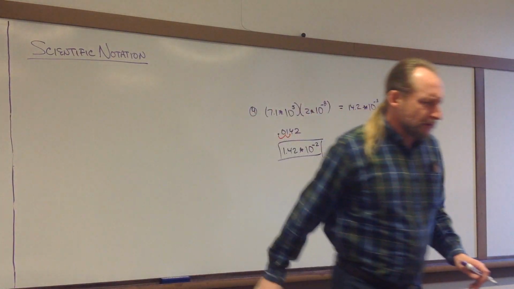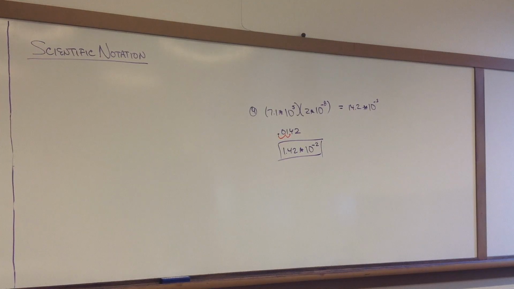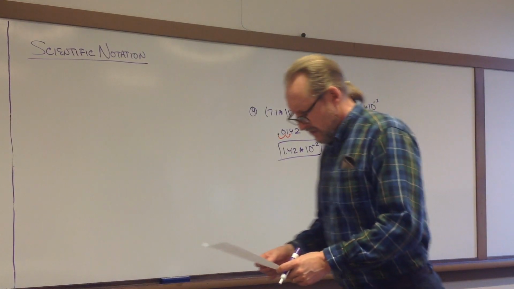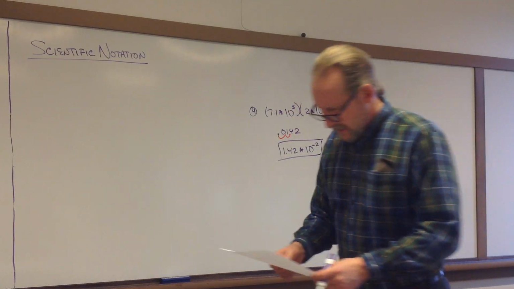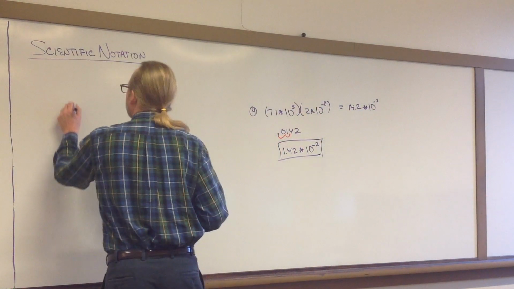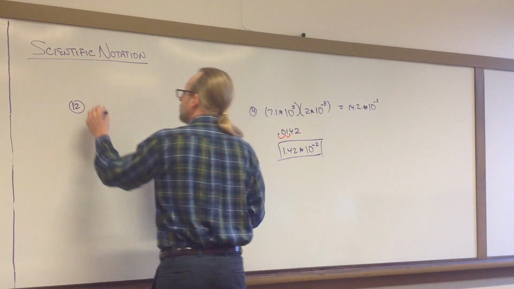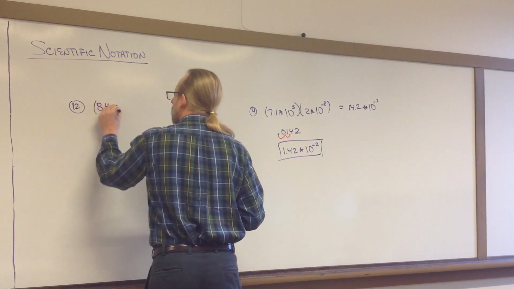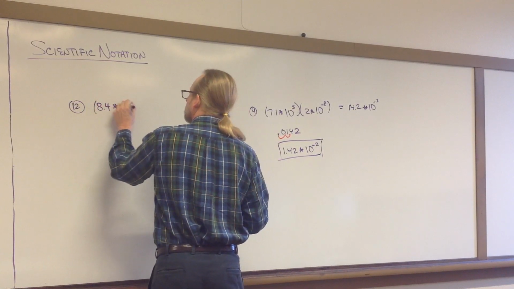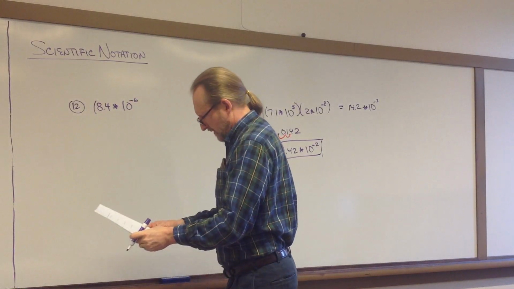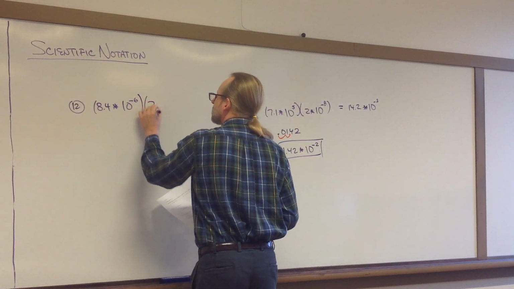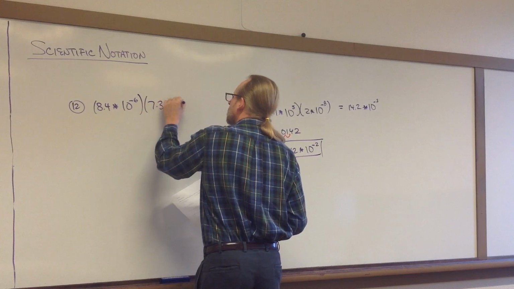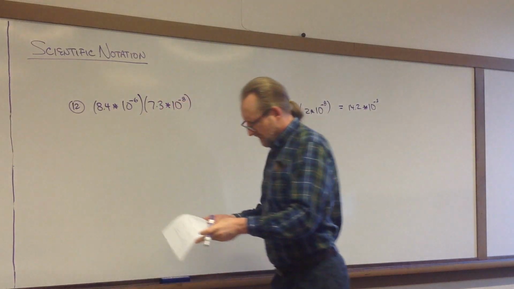All right, we'll look at 1 or 2 more of these, and then we'll look at the dividing problems. Let's just look at number 12. Here we've got 8.4 times 10 to the minus 6, and 7.3 times 10 to the minus 8.